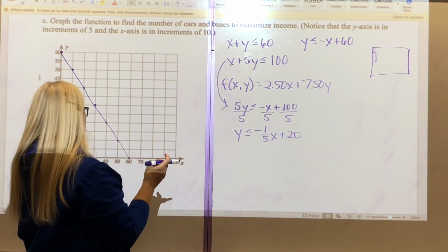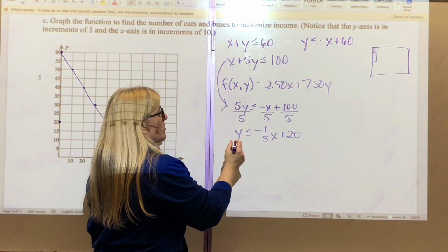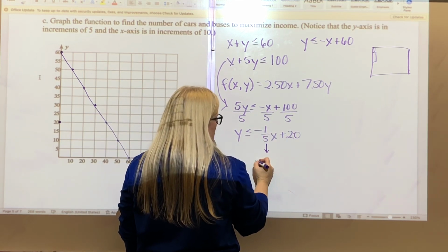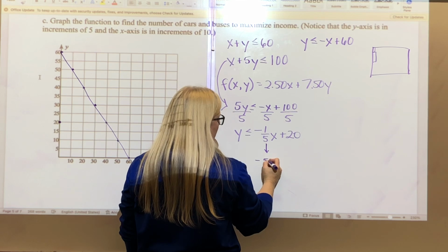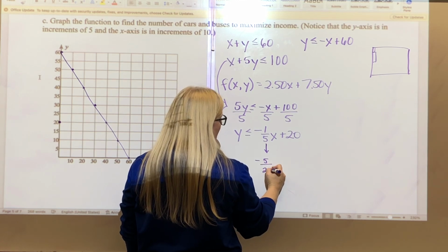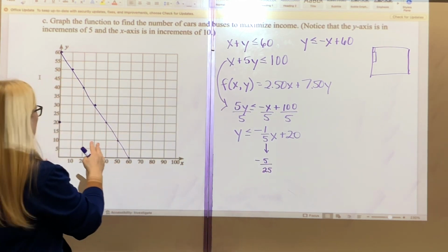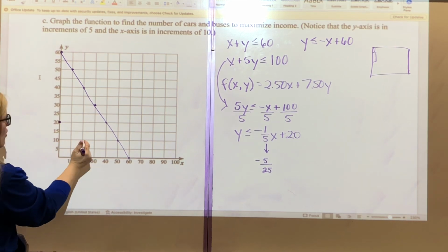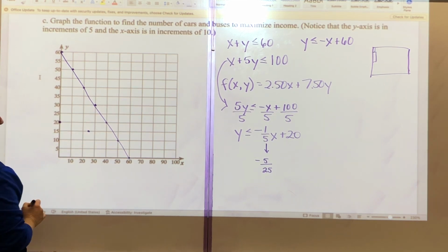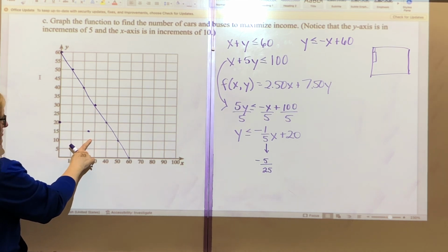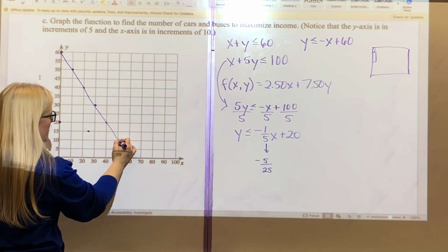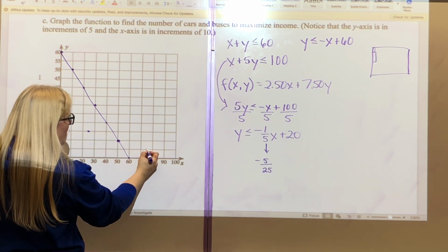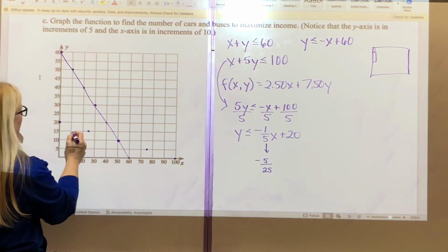If we multiply both by 5, this could be negative 5 over 25, and that way it's a little easier to see on the graph. So I go down 5 and over 25, and I'm right there. Down 5 over 25, and then here again.